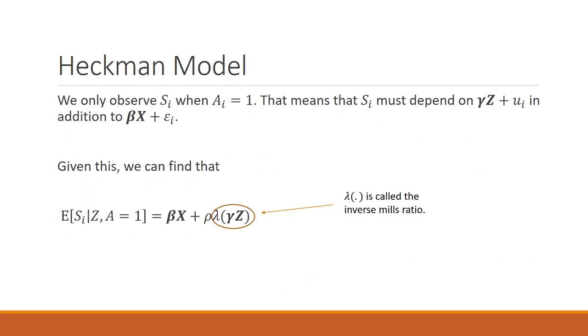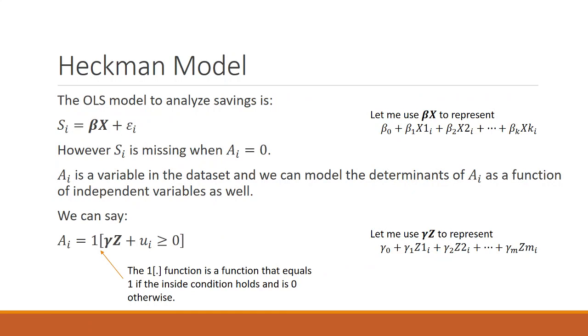Now, we only observe S when A equals 1. That means that S must somehow depend upon the variables that determine the selection decision in addition to the variables that determine savings. Just think about that intuitively. We only observe savings for people that have a savings account.